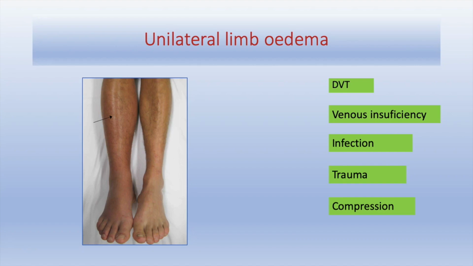Compression, which could be due to multiple reasons, again could affect the venous drainage system or the lymphatic system and cause unilateral limb edema. Tumors are one of the most common reasons, where they cause occlusion of the lymphatic drainage system, thereby causing non-pitting edema.